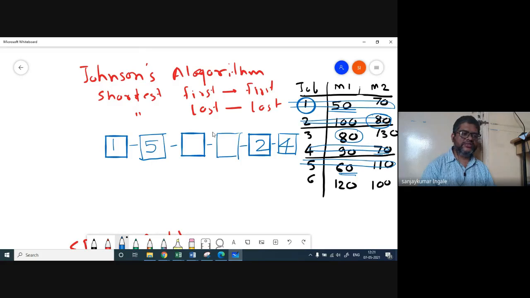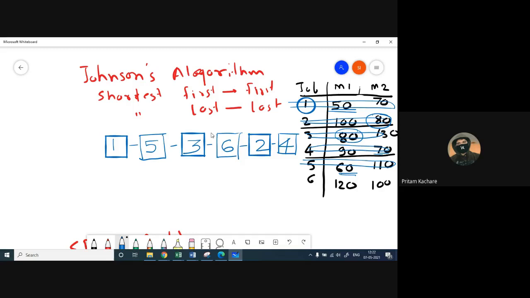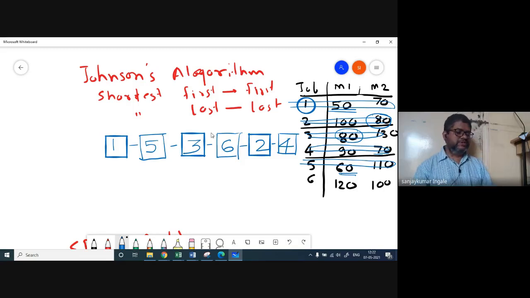So remove this. This 80 is for the first operation. So these 3 are to be scheduled first. Okay. And finally, the job remaining is 6, and there is only one position. You can schedule 6. Understood? Yes, sir. Okay.